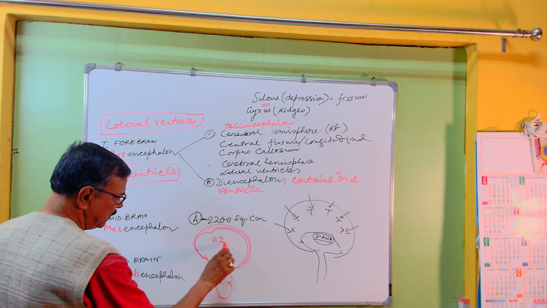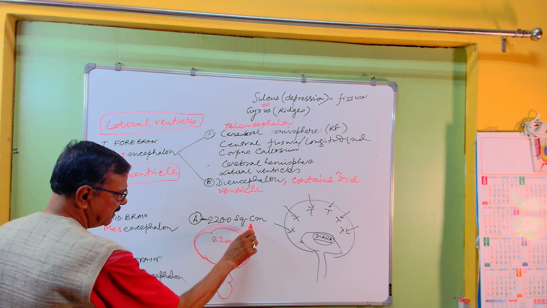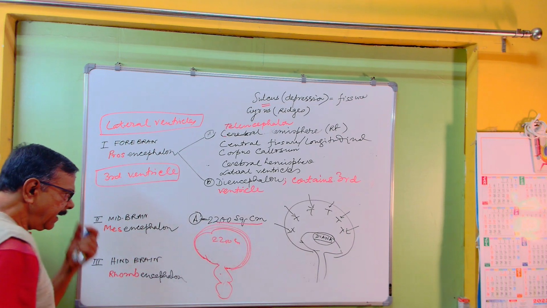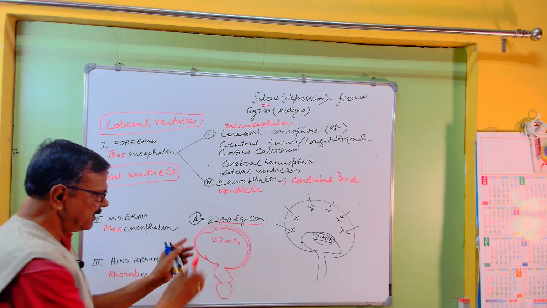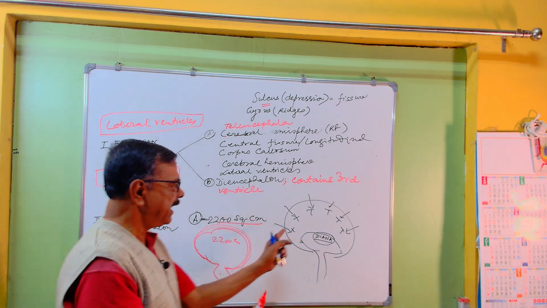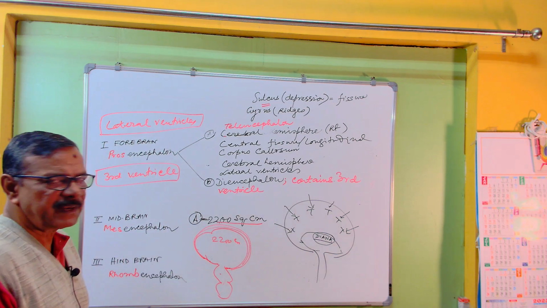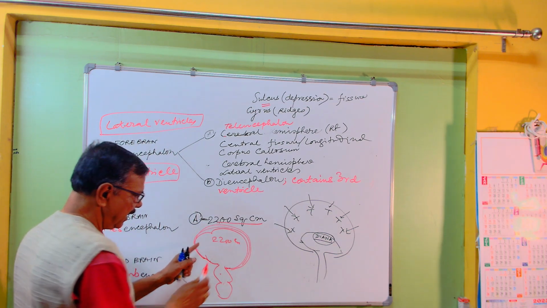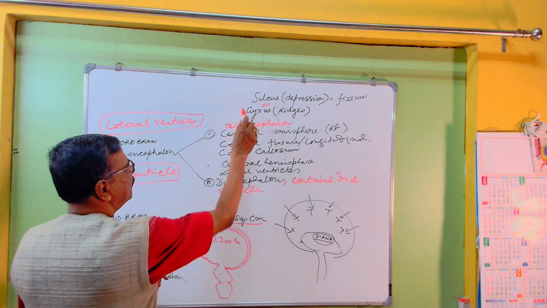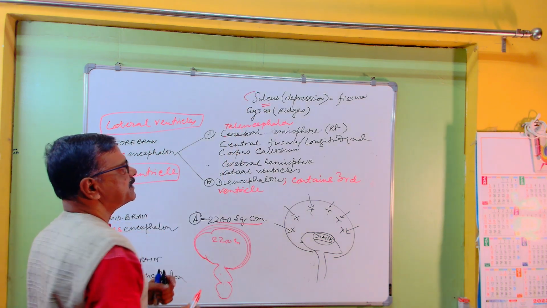It is 2,200 square centimeters, and since it is more than the inside surface area of the cranium, it remains folded.